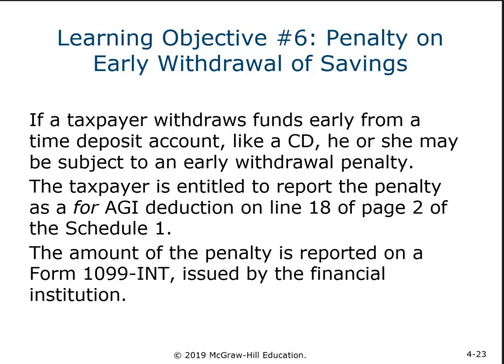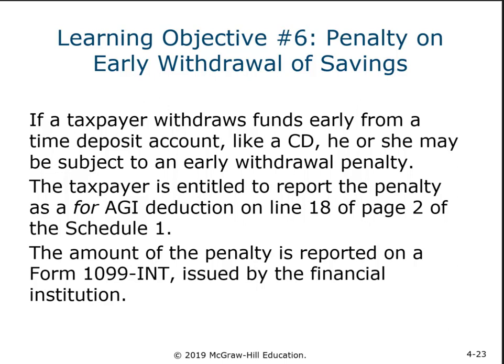Usually not a very big amount, but the penalty from early withdrawal of savings gets its own line on the Schedule 1. Okay, this only applies to accounts like CDs, where you put money in for a 3-year CD at the bank. They expect you to leave it in there for 3 years.